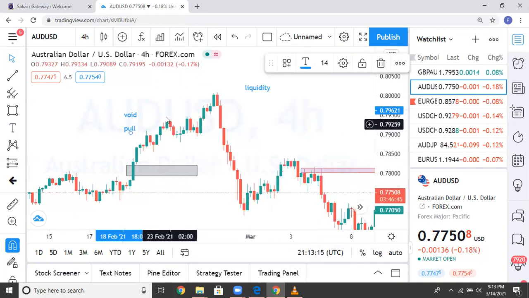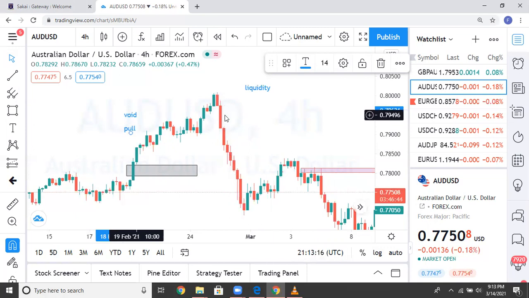So when we talk about liquidity pool, it is where you have a series of candles moving in the same direction without an order block. Here we can see that this candle is moving in one direction.